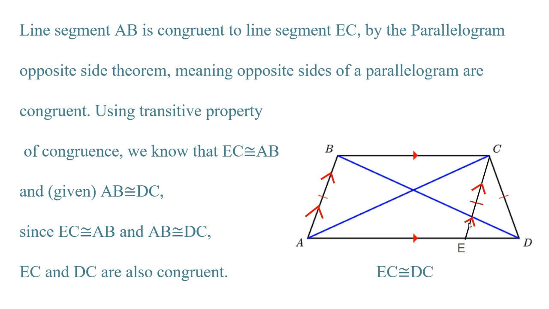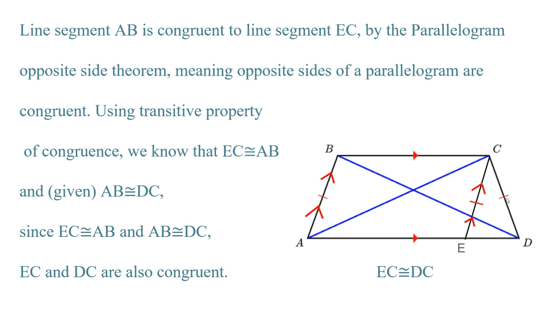And then using the transitive property of congruence, we know that EC is congruent to AB, and AB is congruent to DC, which is given at the very start. Since EC and AB are congruent, we can say that EC is congruent to DC.